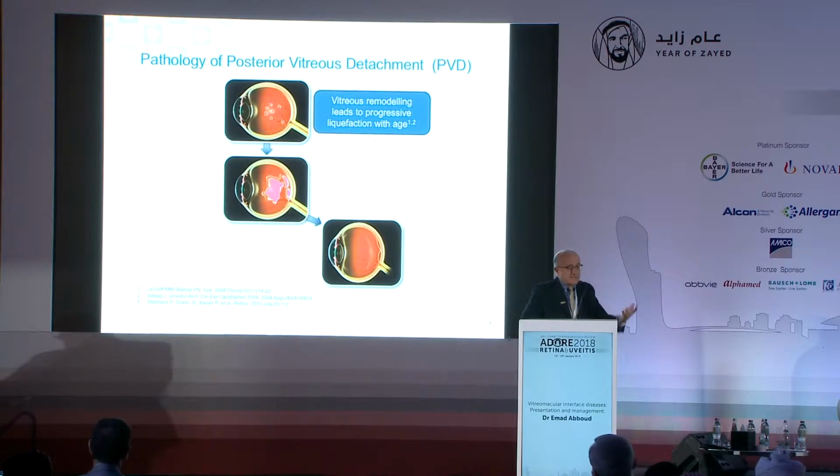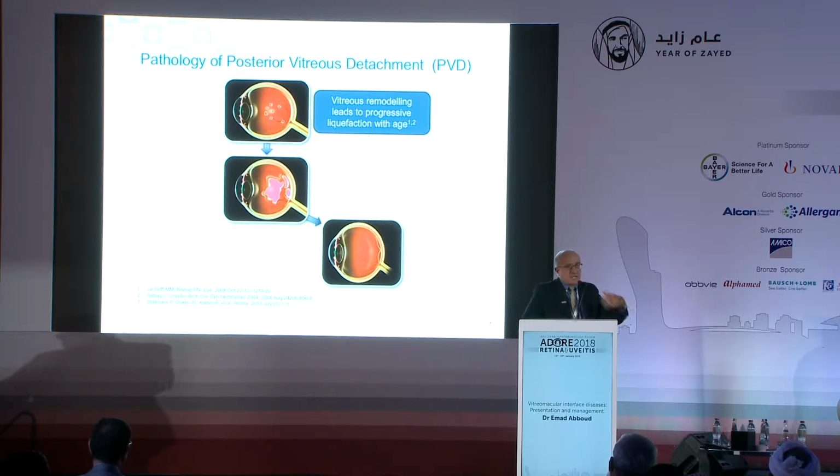But the important thing is that this is what's going to lead to the event of posterior vitreous detachment, which is the crucial event in the life, really, of the vitreoretinal interface, as we will discuss in a few minutes.